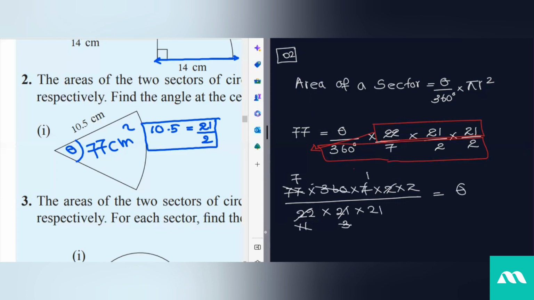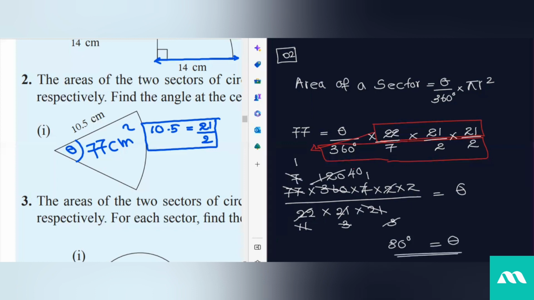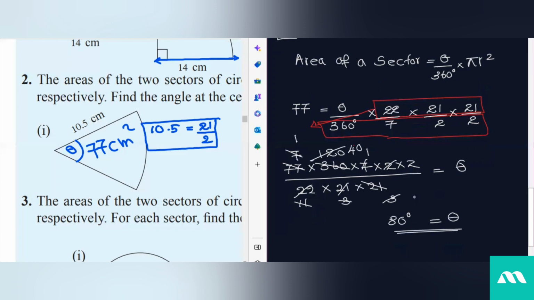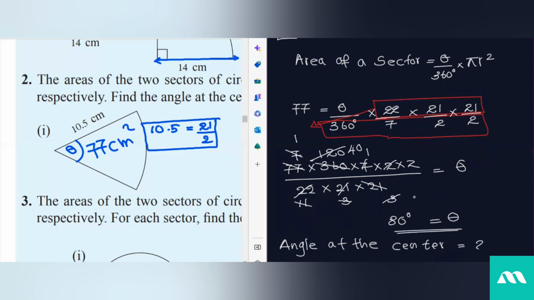It is 120. 7 can be divided by 7, 1. 21 can be divided by 7, it is 3. 120 can be divided by 3, it is 40. 40 into 2, it is 80. That means in this case, the angle at the center of the sector is equal to 80 degrees.